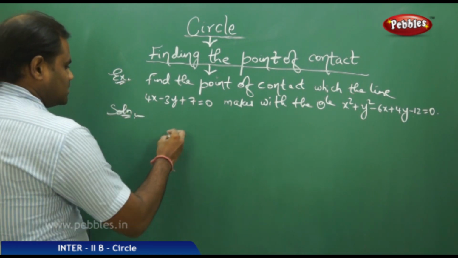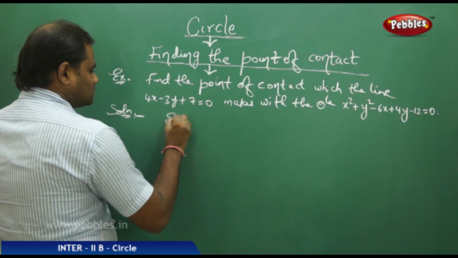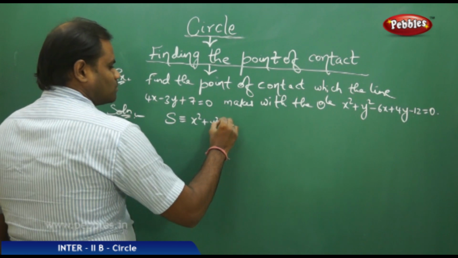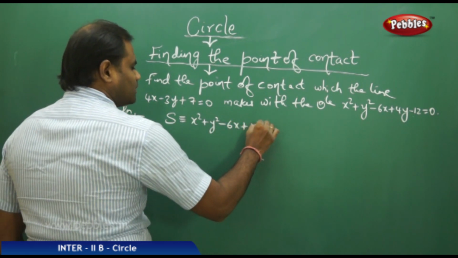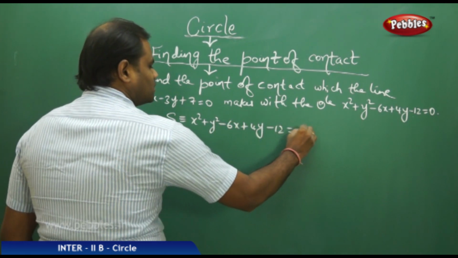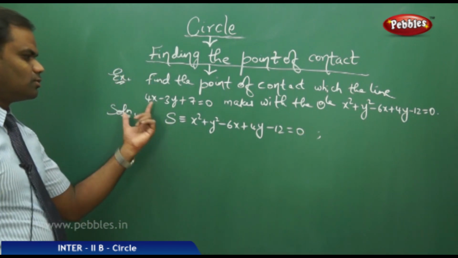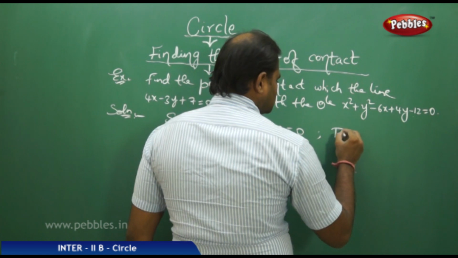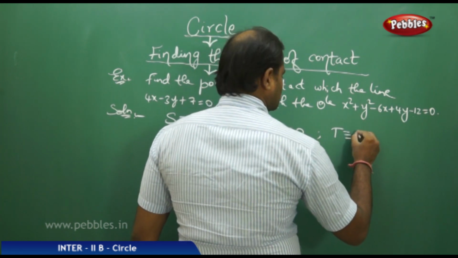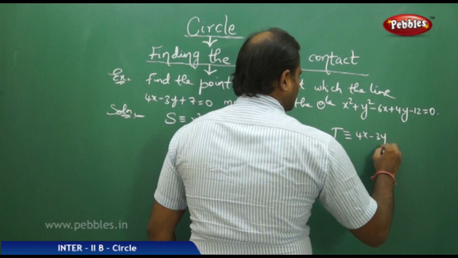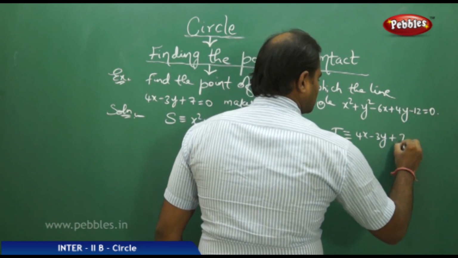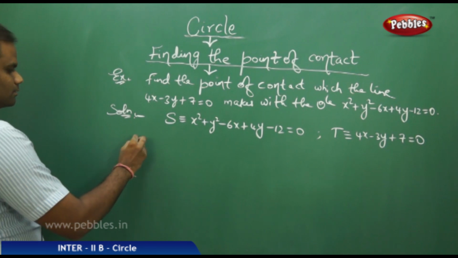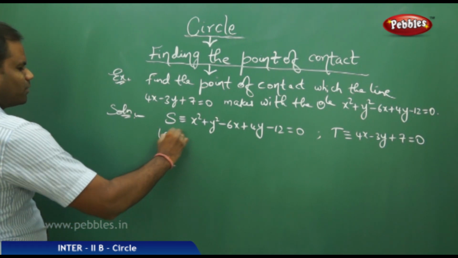As I clearly see, it is given that the circle is x square plus y square minus 6x plus 4y minus 12 equal to 0, and the tangent line T is given to be 4x minus 3y plus 7 equal to 0. As I see here, I don't have the point of contact.